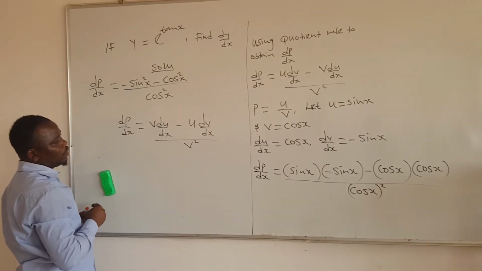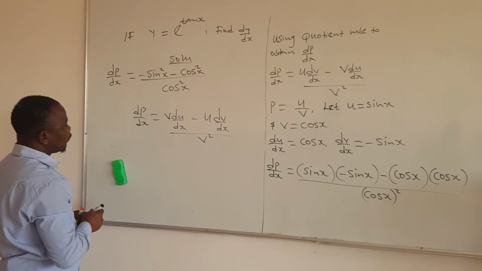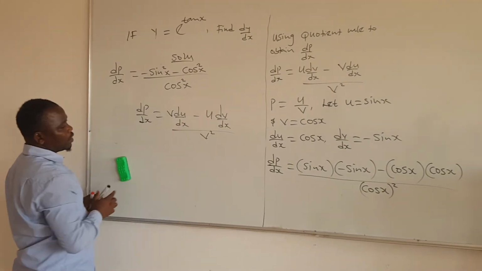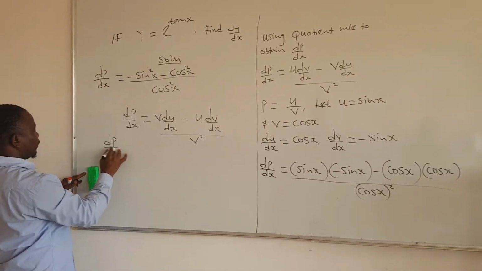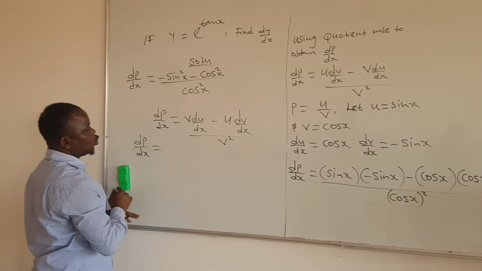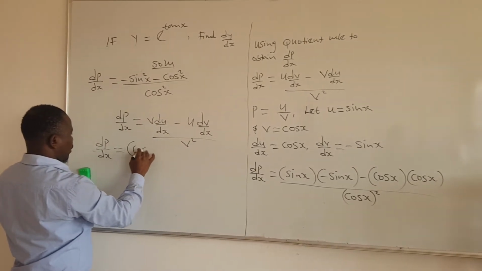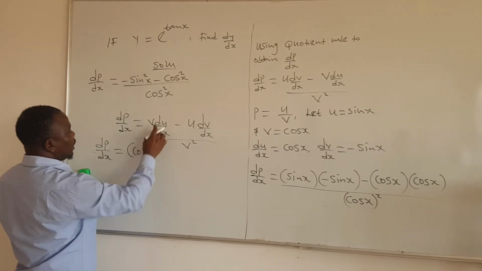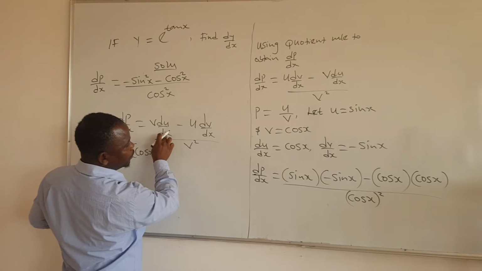Amen? Okay, for the sake of clarity, let's do it together. Let me still use this approach. If we substitute, our v is cos x, then our du all over dx will give us what?